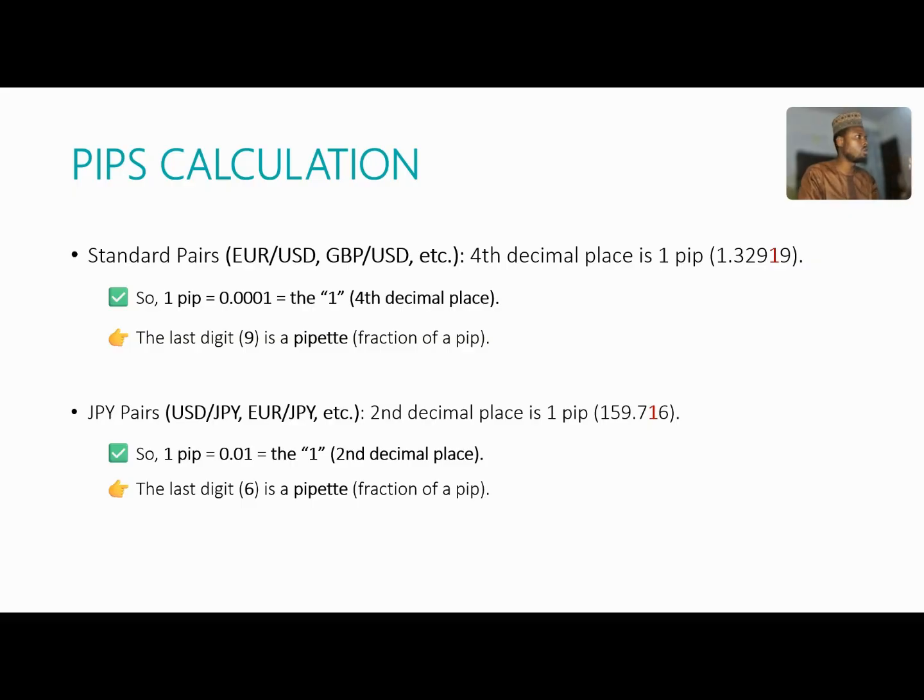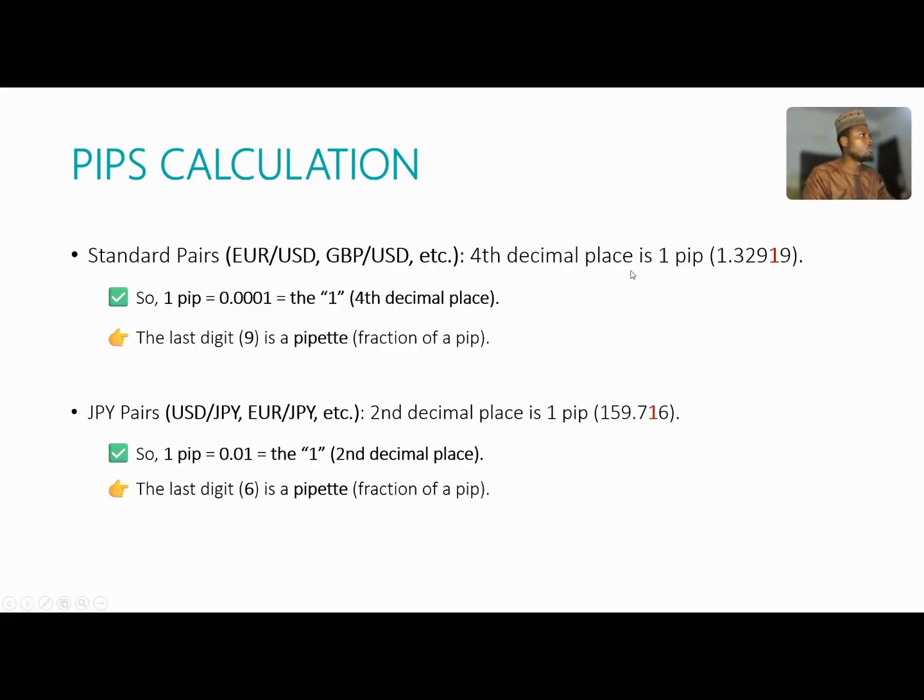How are we going to calculate pips? As you can see, this is an example of a price like 1.32919. This is an example of a EURUSD price or GBPUSD price. It has one whole number and then it has decimal numbers, five of them.